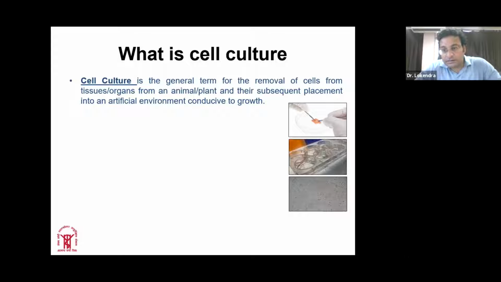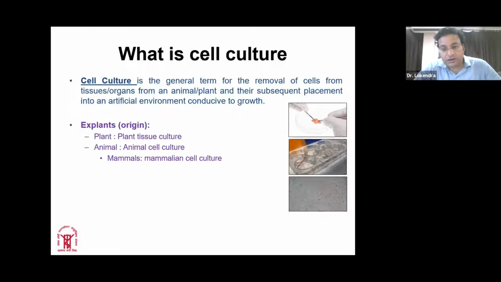So basically this is the image where it can be a tissue isolated from a patient, and because tissues are made up of cells, and most of the tissue then makes up the organ, then organs make the system. So in that way, cells are the basic unit of a tissue or system. So you can isolate these cells, and then you can put them in an artificial environment, primarily for growth. And then this is just a typical image of fibroblast cells after the growth of the cells.